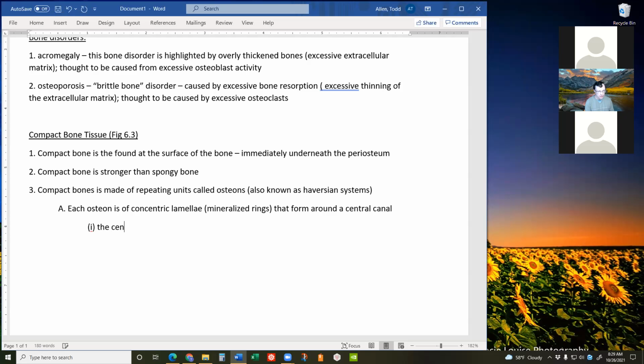The central or Haversian canal is used by blood vessels and nerve endings to penetrate deep into the interior of the bone tissue and provide the necessary oxygen and nutrients in the case of the bloodstream, and in terms of the nerve endings, provide sensory capability deep inside the fabric of the bone for the nervous system. Penetrate deep into the interior of the bone.